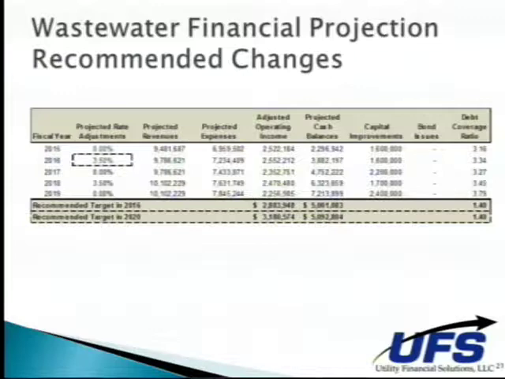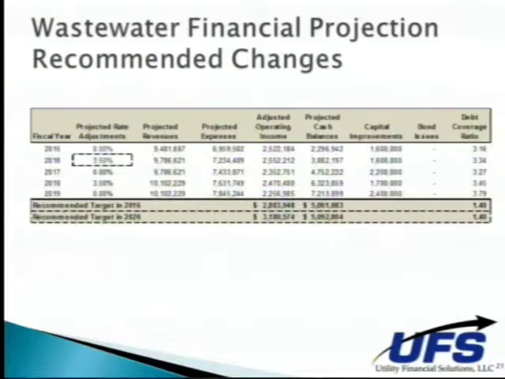In order to stabilize that operating income and to build that cash, because it's currently under the minimum we want to fund, you would need a 3.5% rate increase every other year. Now, on a cost to serve basis, if we were to meet our operating income target today, that fund would need over a 7% rate increase.